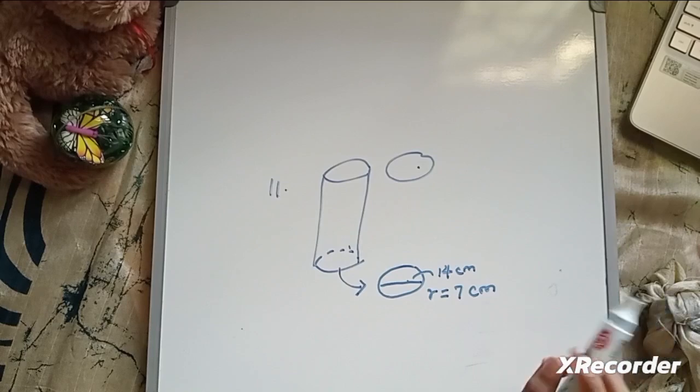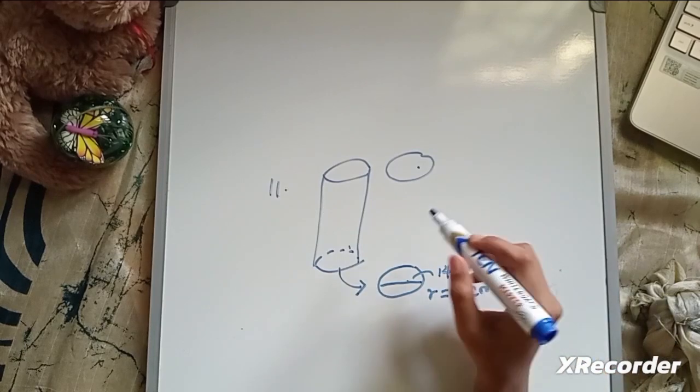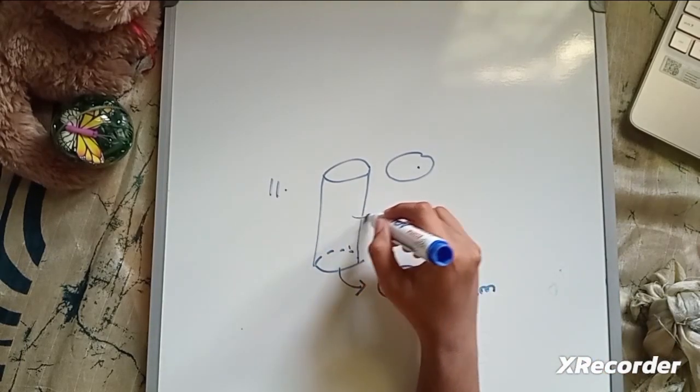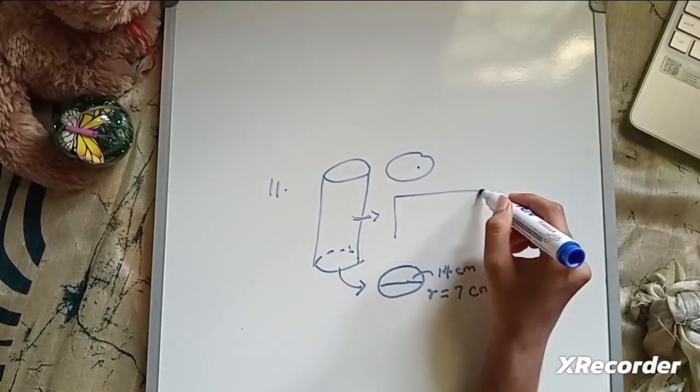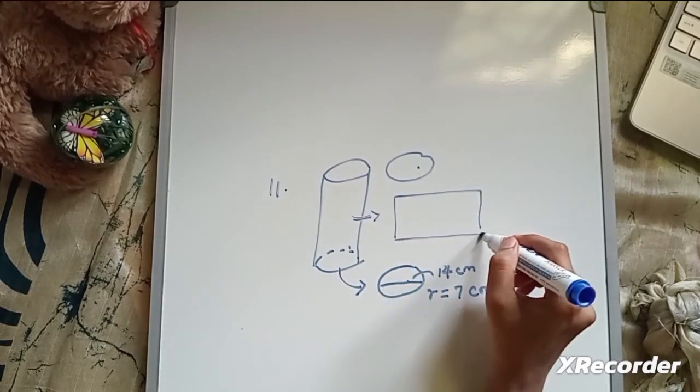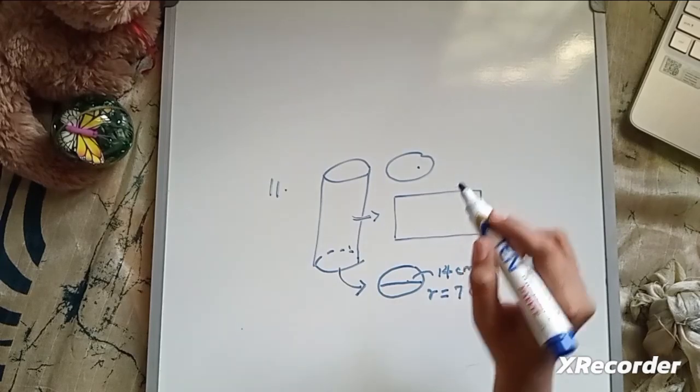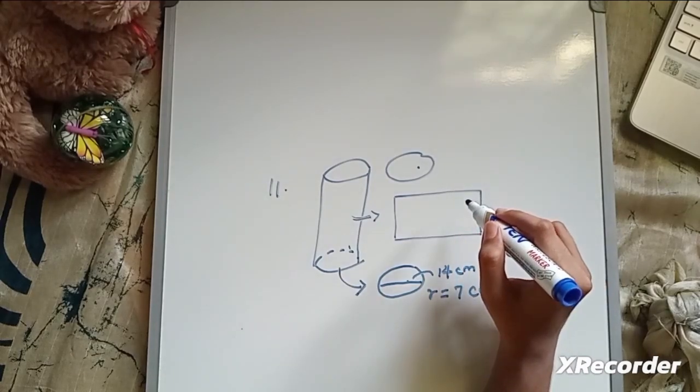They are saying that the area of the curved surface, so this one, if we just unfold this, we are getting a rectangle.